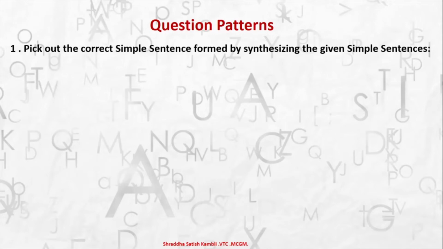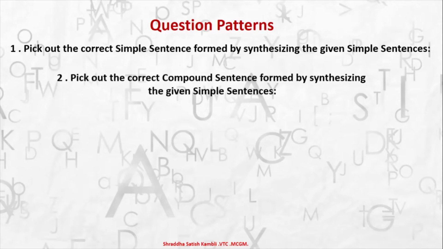Then you have to pick out the correct compound sentence formed by synthesizing the given simple sentences. So you all know that simple sentences are always combined. So you either get the end result as a simple sentence, or a compound sentence, or a complex sentence.